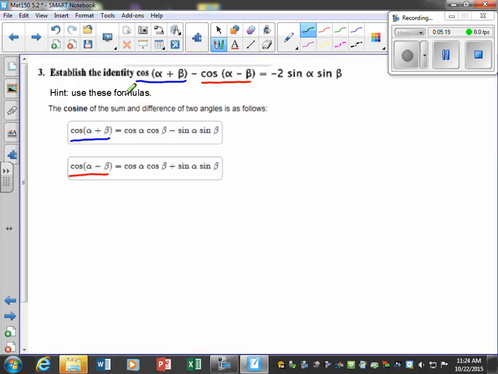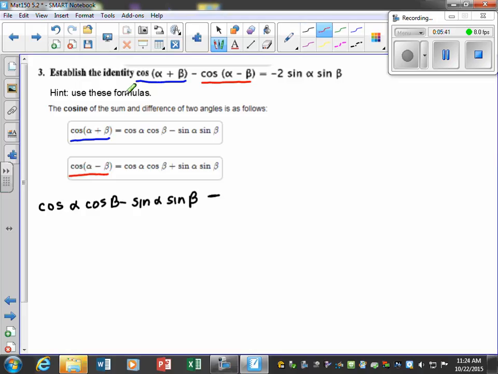So basically that would give me cosine alpha cosine beta minus sine alpha sine beta, minus, actually I should have written that in blue, it would have been a little more helpful. I'll do this one in red.